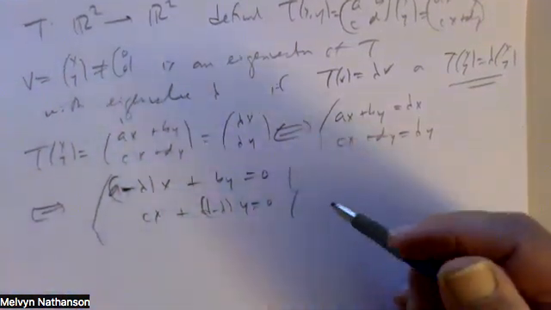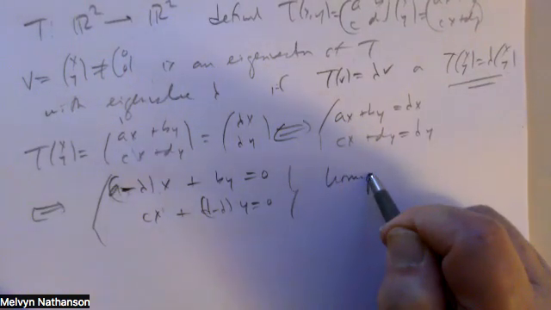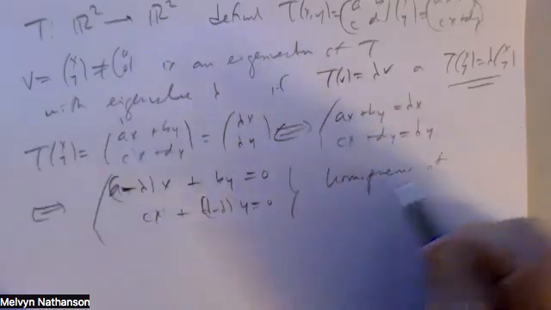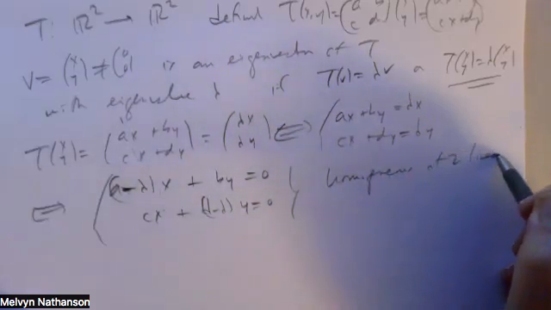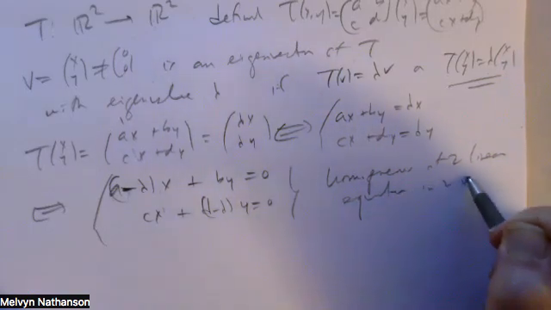So this is just two equations and two unknowns. This is a homogeneous system of two linear equations in two variables.